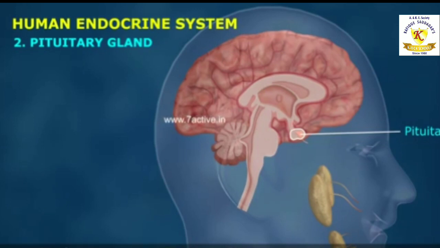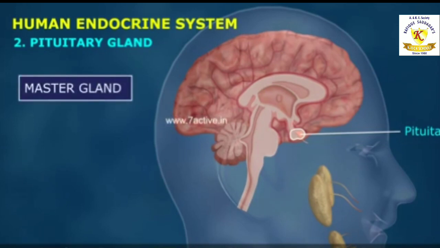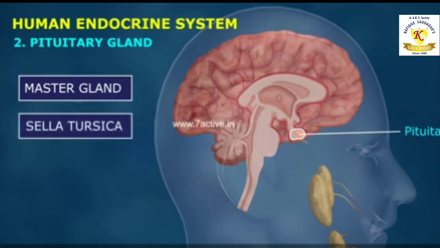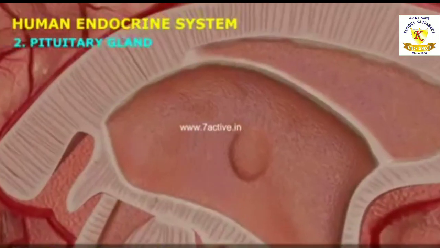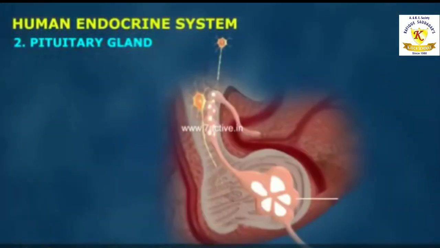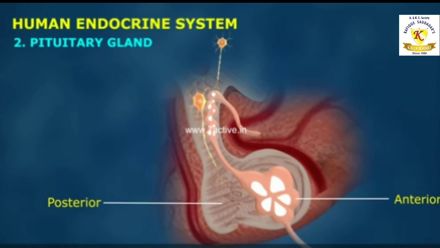It is therefore called the master gland of the body. The pituitary gland is located in a bony cavity called sella turcica and it is attached to hypothalamus by a stalk. It has three parts: anterior, middle, and posterior.